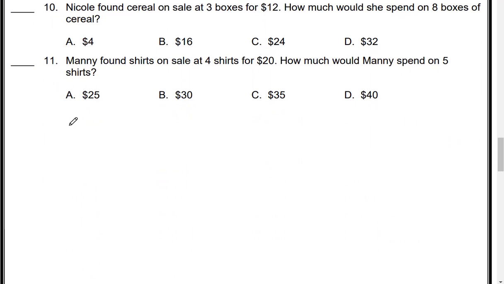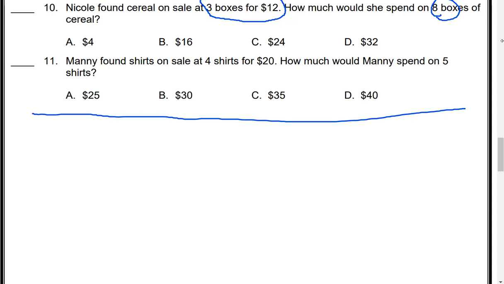In this question, Nickel found cereal on sale. On sale, it's 3 boxes for $12. How much would she spend on 8 boxes of cereal? I can see here that we have a heading question.